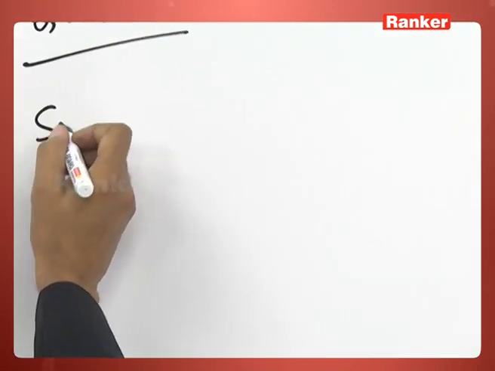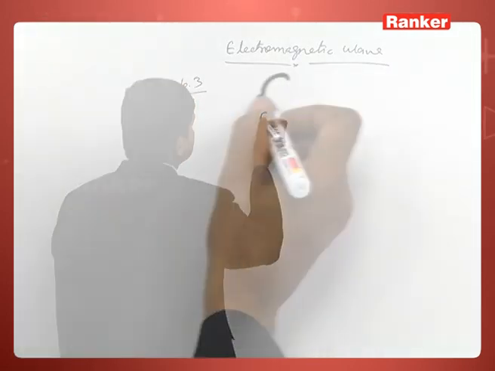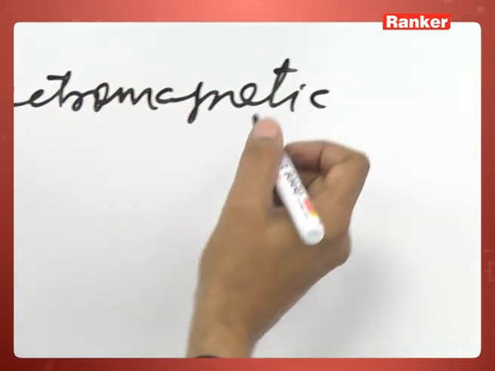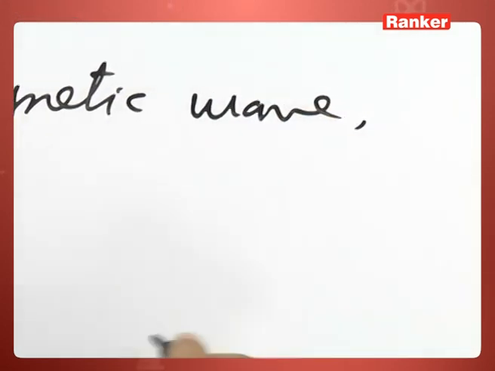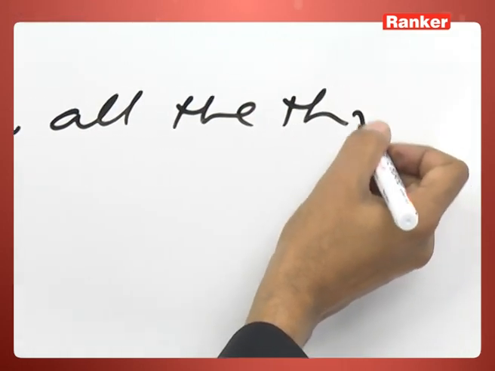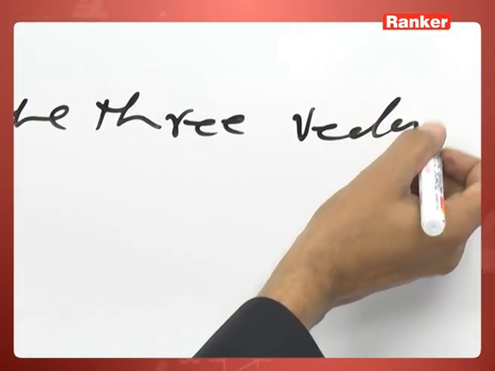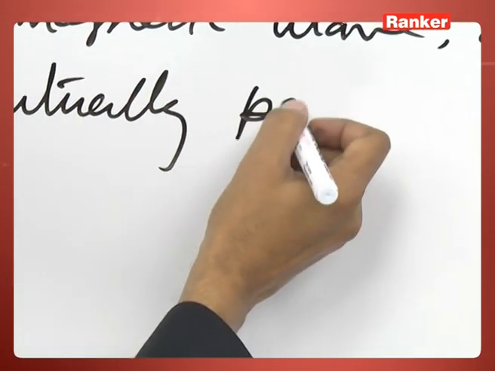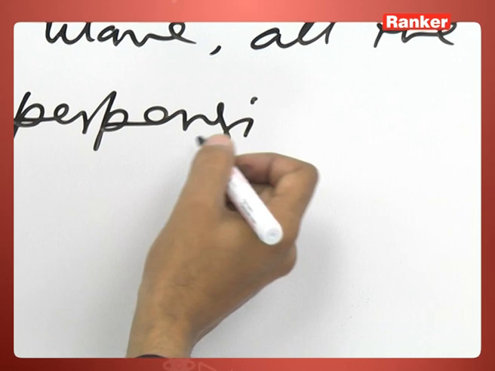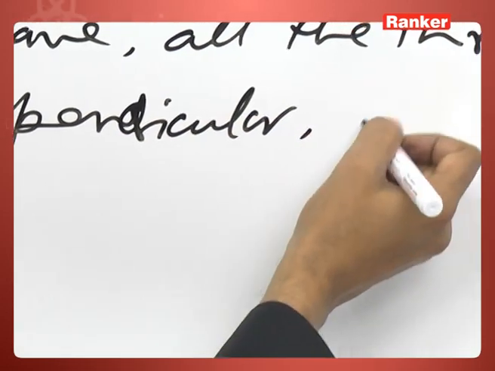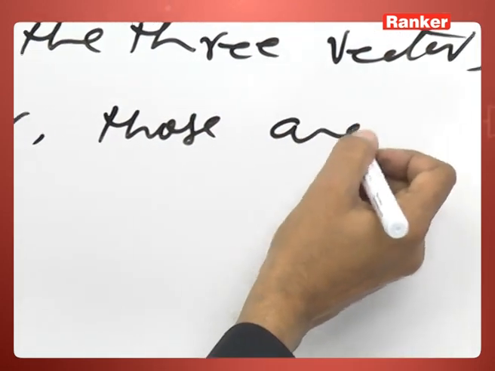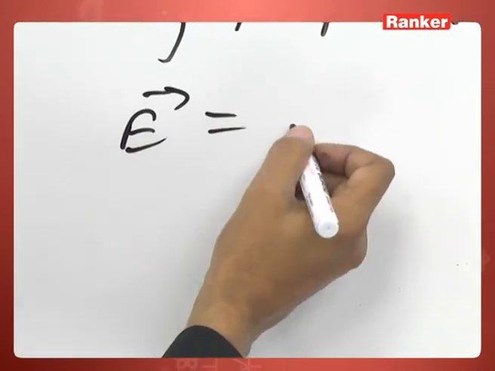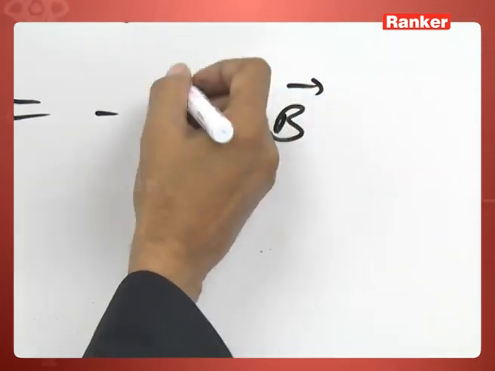See, for electromagnetic wave, all the three vectors are mutually perpendicular, and those are related by the expression E is equal to minus V cross B.